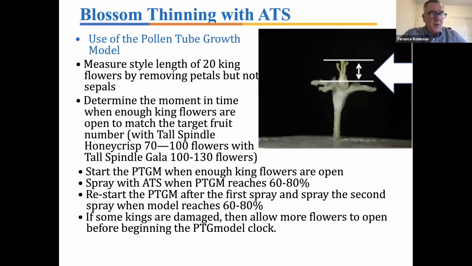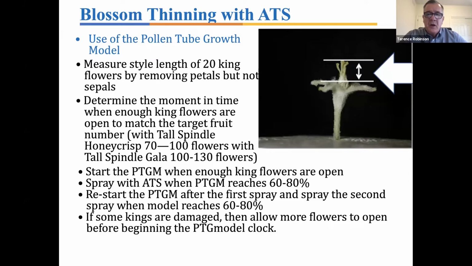So let me go forward then to have some specific suggestions for using ATS. I think it's essential with this product to use the Pollen Tube Growth Model, and I really commend Greg for bringing it to New York and the whole NUA team for getting it in such a wonderful user-friendly format. My suggestion is to measure the style length of 20 king flowers by removing the petals but not the sepals, using this picture on the right to guide how you measure its style length.